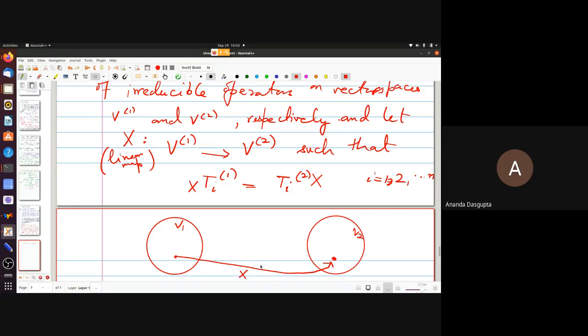We have a map X which takes an element from V1 onto V2. What this is telling me is something like this. Suppose we apply the operator Ti1 first on this same element. It moves you within V1 to a new point. Of course, what I can do is after I get this, I can apply X on that and I will land up here.